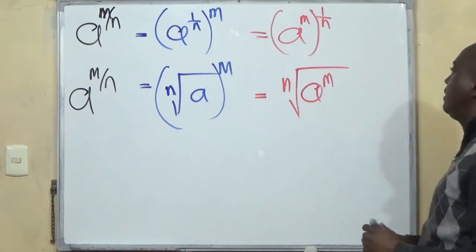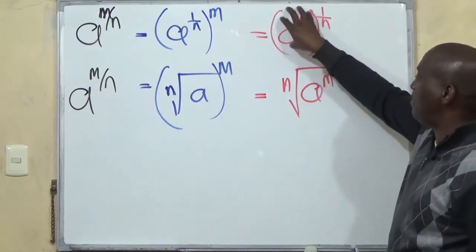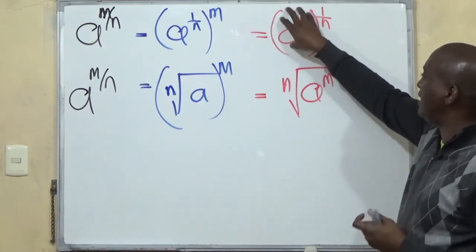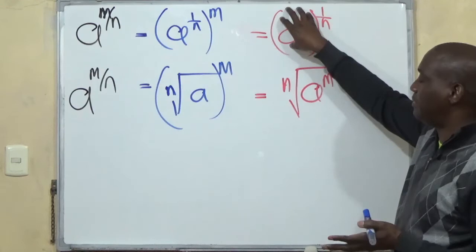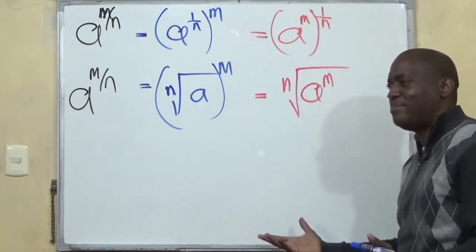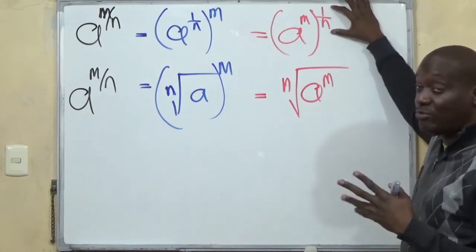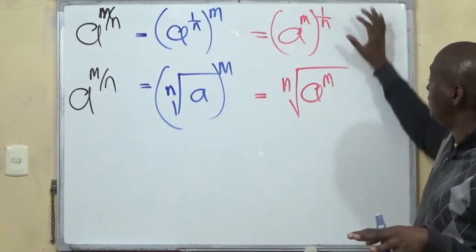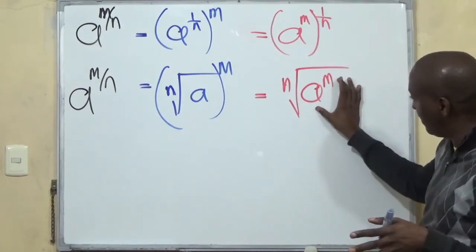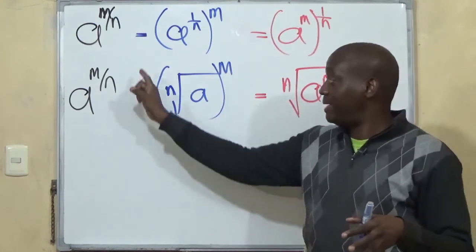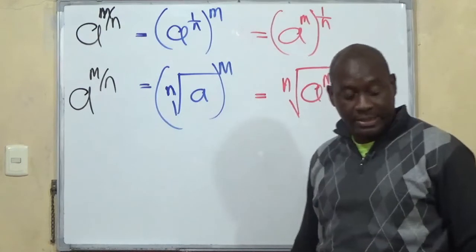Or you could say that having raised a to the mth power, you then find the nth root of whatever that is. So you raise a to the power of m, and then you find the nth root. It all goes back to the same a to the m over n.